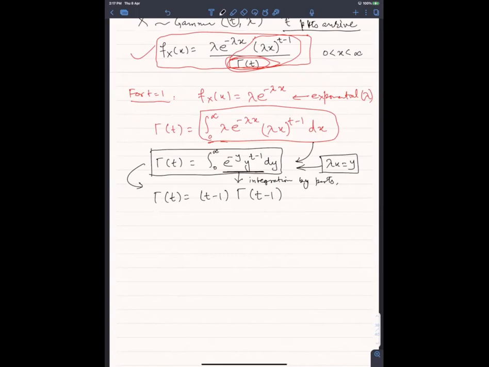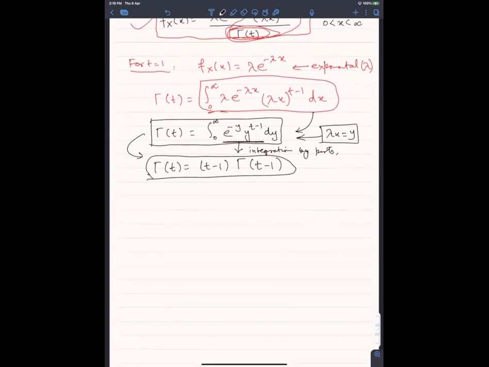Okay. So what we learn from this equation is that although we know that t is not necessarily an integer, it can be. If t is an integer, then gamma t is really equal to t minus 1 factorial.